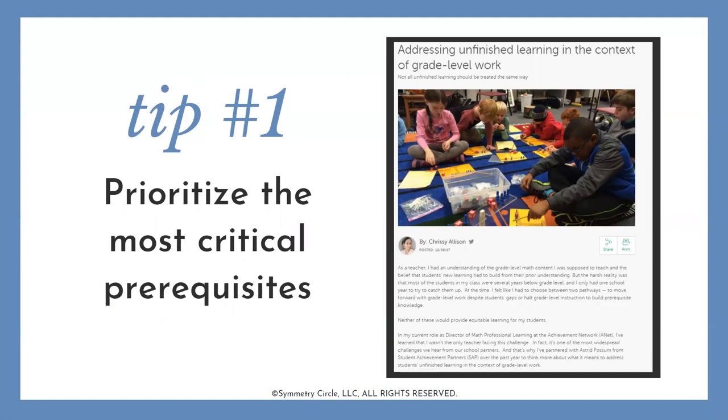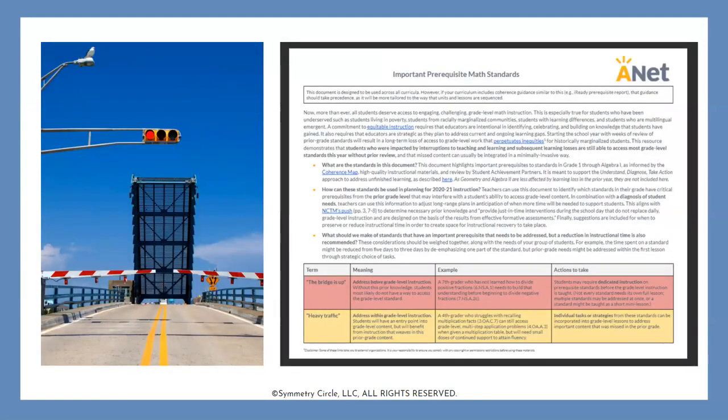And I think that would be a helpful read for you if you haven't read it, and your teachers, because I talk a little bit more about this idea about how do you really think about which prerequisites are the most critical. There's also this great resource from the Achievement Network called Important Prerequisite Math Standards, and they build on this idea of a bridge, something that I introduced in the blog post that I just mentioned.